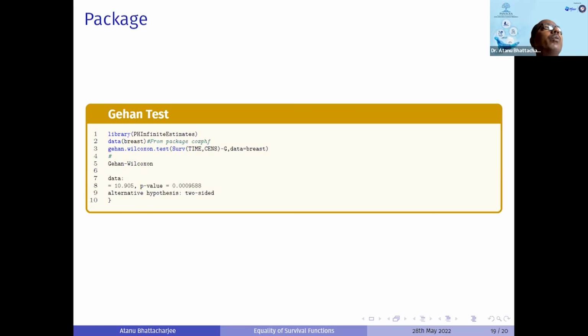But when you want numerical evidence, the Gehan test and Lagrange test are very useful, and we can apply them in that direction. I'm not sure whether SPSS has that, or another costly software, SAS, has the Gehan test or not, but you can easily get the Lagrange test and Gehan test in R.